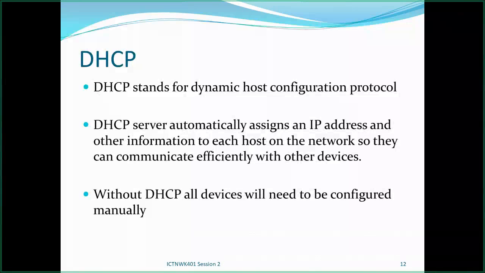So, Dynamic Host Configuration Protocol is what DHCP stands for, and we already know that it automatically assigns IP addresses to the hosts as they boot up. What you may not know is they also can send optional information out to those hosts when they boot up, not just the IP address and default gateway.